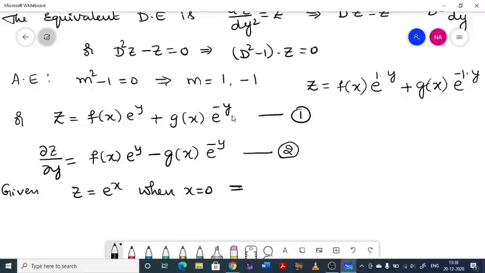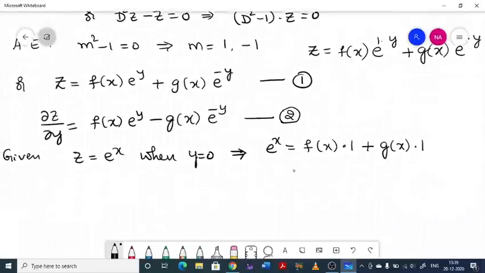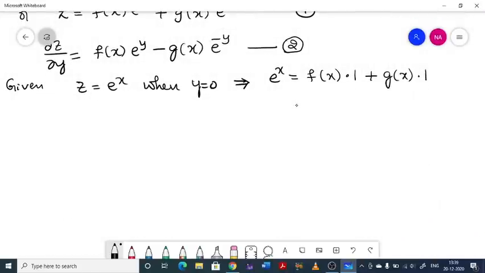So that means e power x equal to f of x into e power 0, which is 1, plus g of x into again e power 0, you get 1. So from this I got f of x plus g of x equal to e power x.